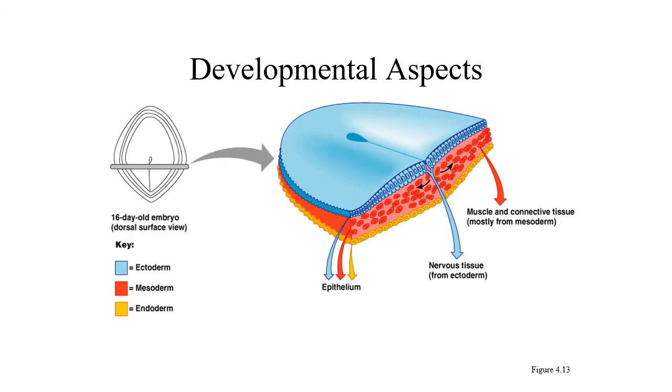And so when we look at an early embryo here in terms of the tissue development, we see that we have essentially layers of tissue in there, and that we have our endoderm in yellow, we have our mesoderm in the middle, and then we have our ectoderm right there on the outside.